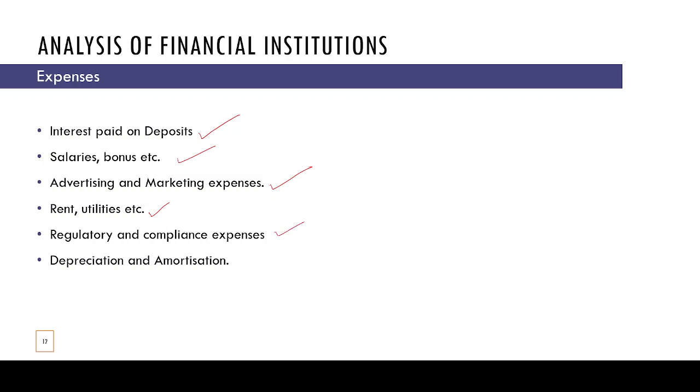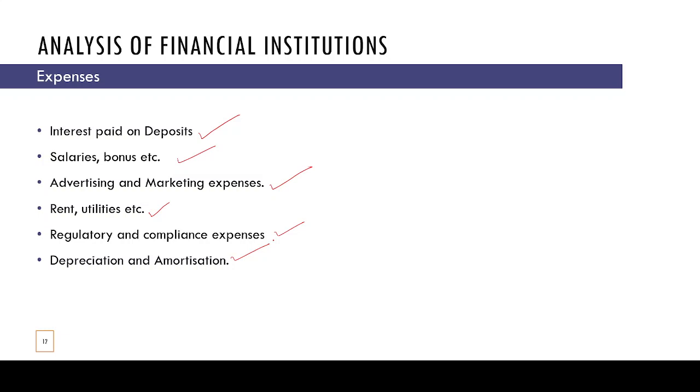Now, these would include costs associated with complying with the various regulations and laws, such as expenses related to audits, legal fees, etc. And we are also going to see depreciation on the income statement. Now, this would be the wear and tear of the physical assets of the bank over time, right? So, wear and tear of building, furniture, equipment, etc.